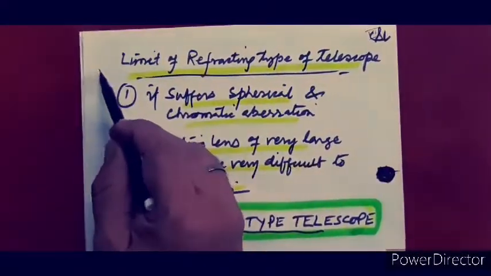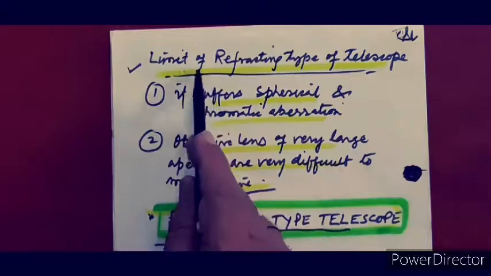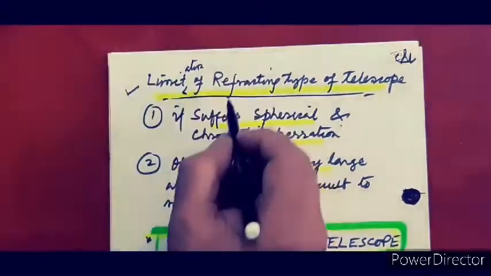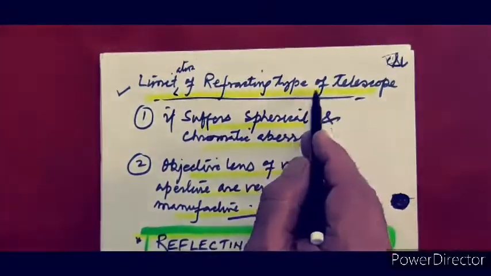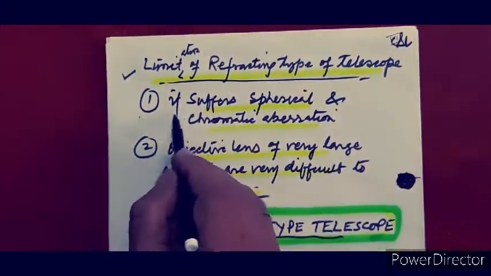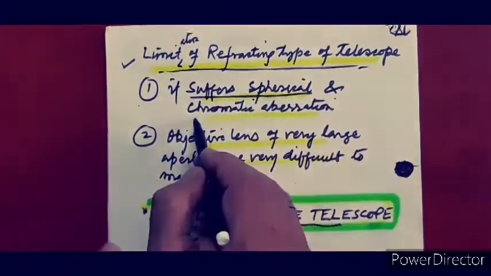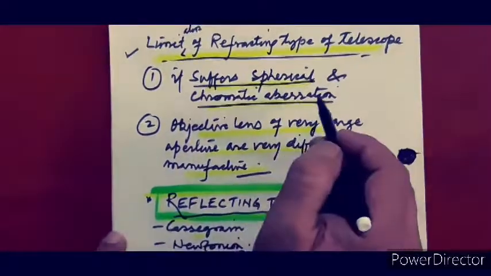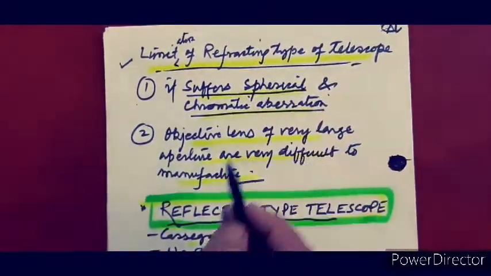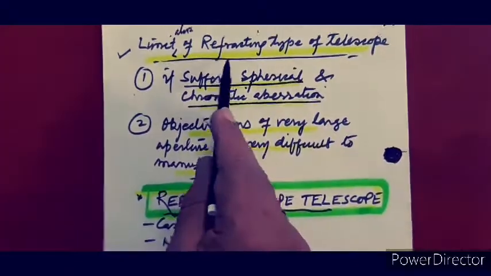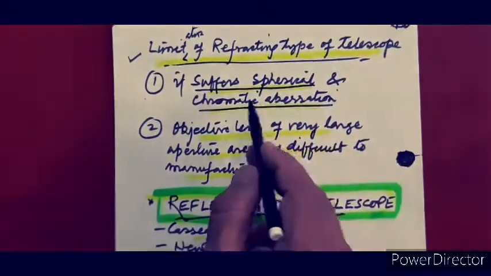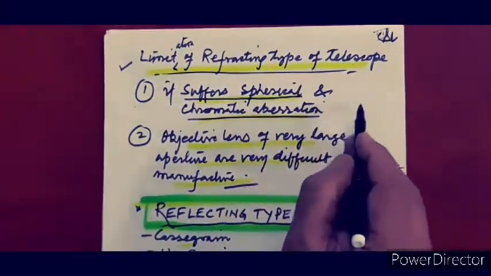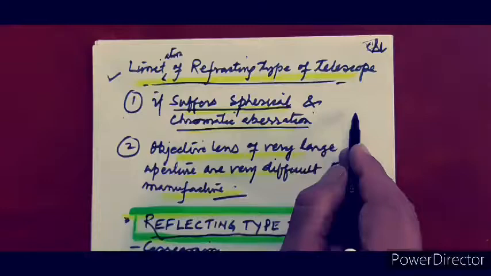In this sheet, you see the limitations of the refracting type of telescope. Number one, it suffers spherical and chromatic aberration. Both these aberrations occur in the refracting type of telescope. Aberration means an error, something not accurate.